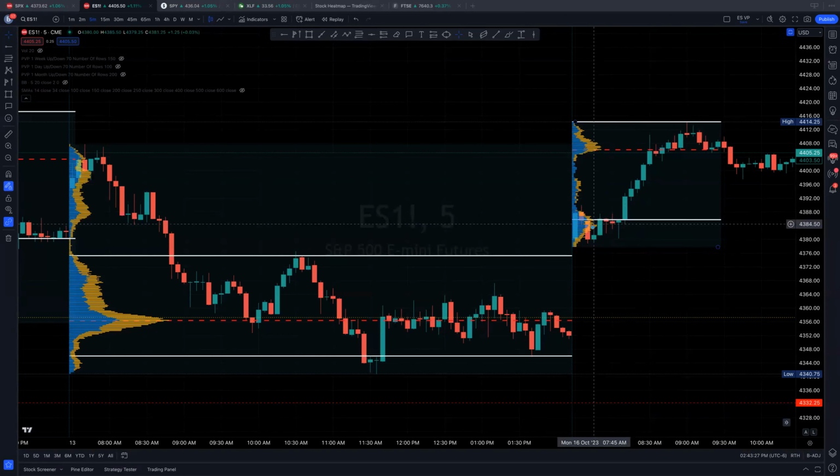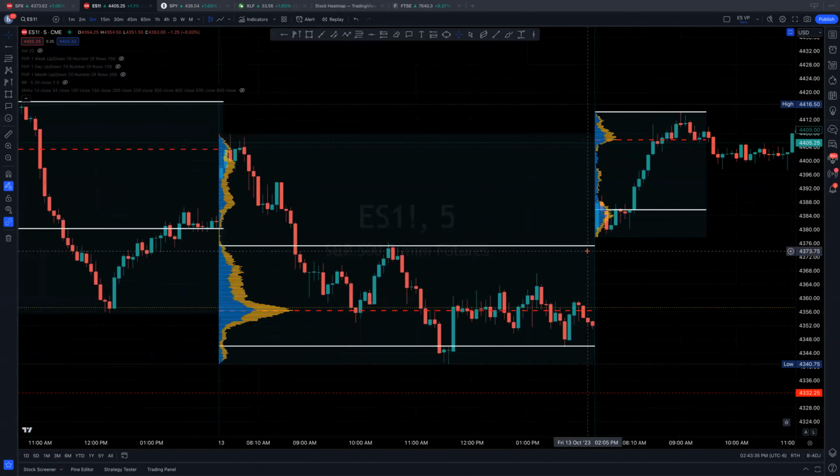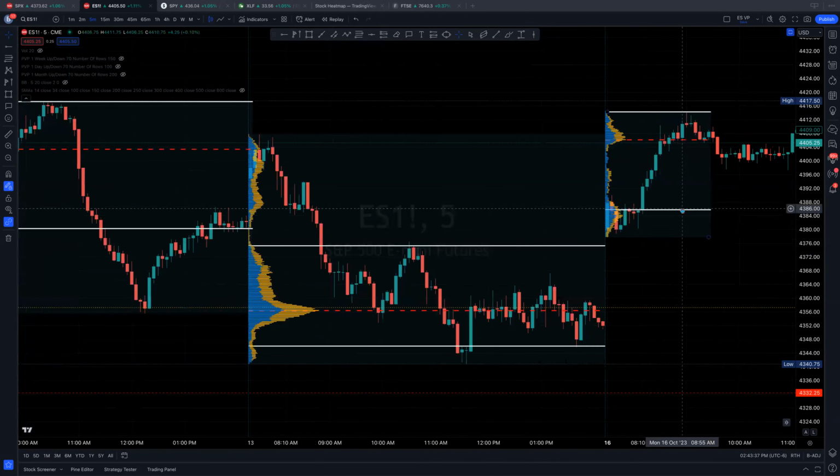This is the initial balance of the cash session, or New York session. And this was 1 hour after open right here. So let's mark that right there. So this was 1 hour after open.